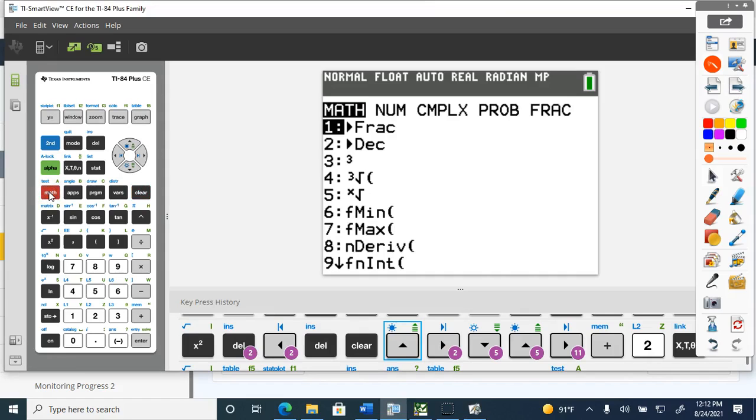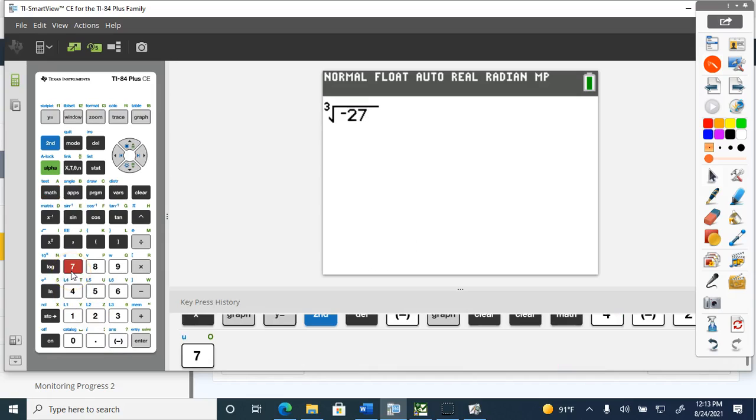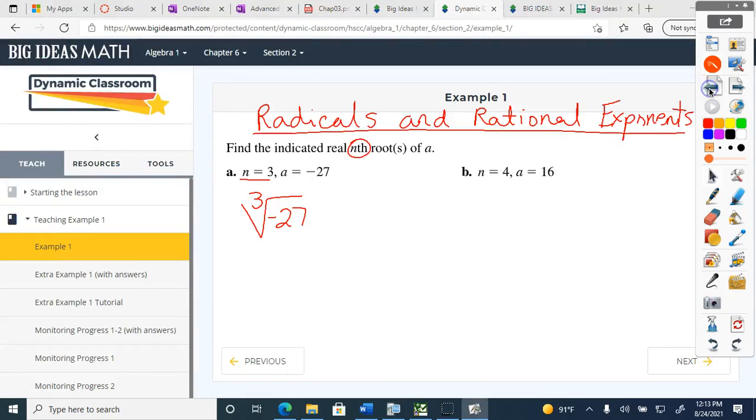You can scroll down to the fourth one, or you can just hit the number 4. Then you type in negative 27, and hit enter. All there is to it. So that will equal negative 3. All right. Easy enough.